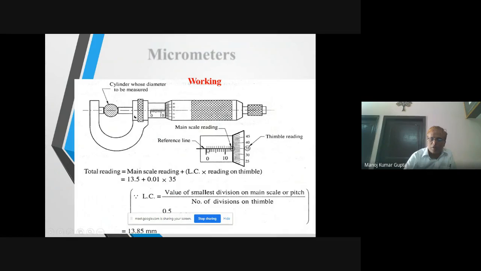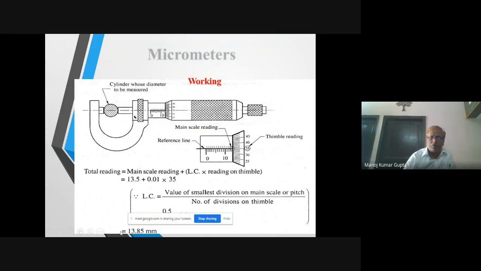Suppose the reading on the main scale is 13.5, and the reading on the thimble, that is the auxiliary scale, is 35. We will multiply the reading on the thimble with the least count and then add the main scale reading to it.